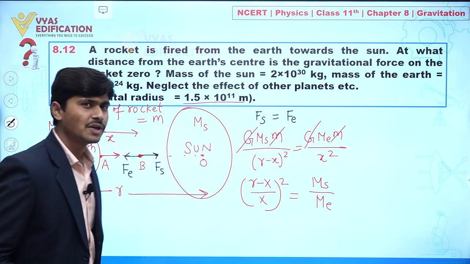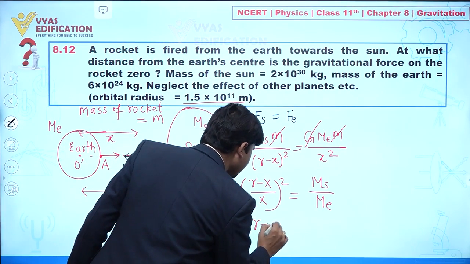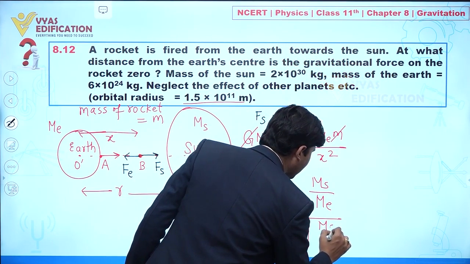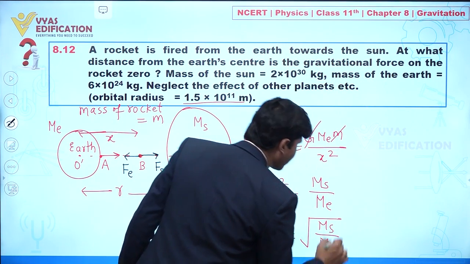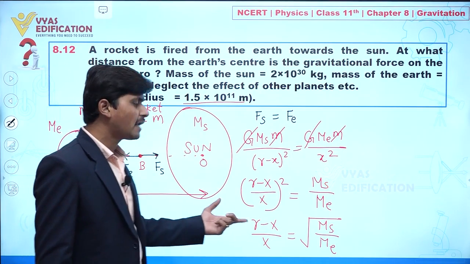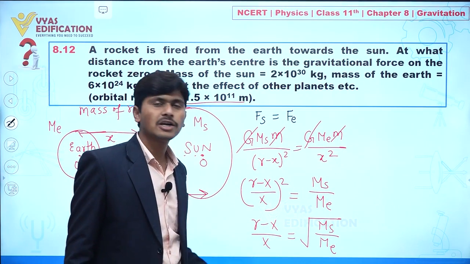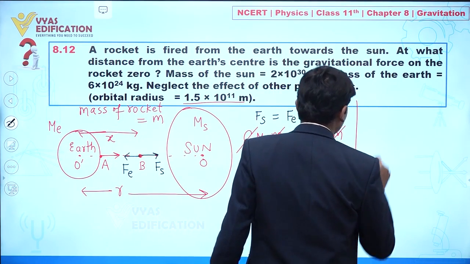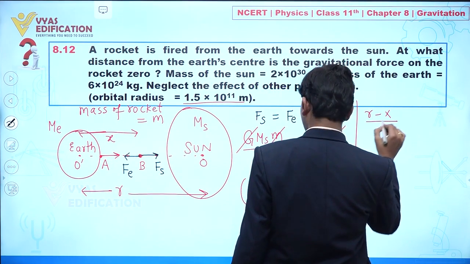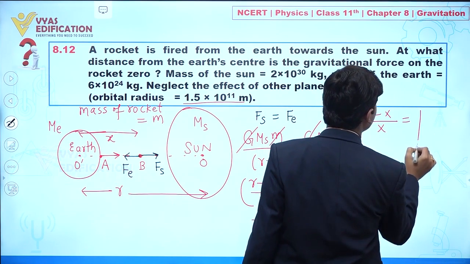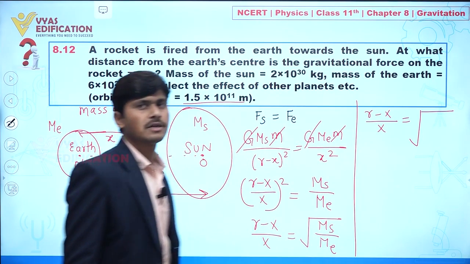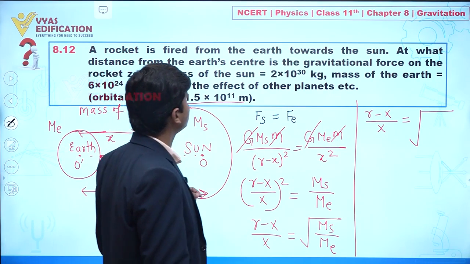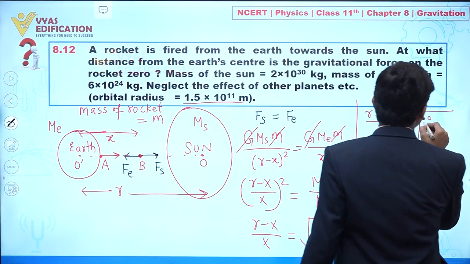So (r minus x) divided by x is given by under root of ms over under root of me. Ms means the mass of the sun, which is 2 into 10 to the power 30.